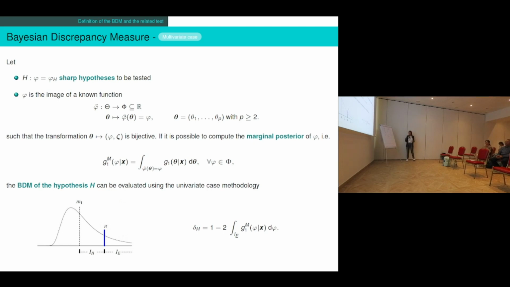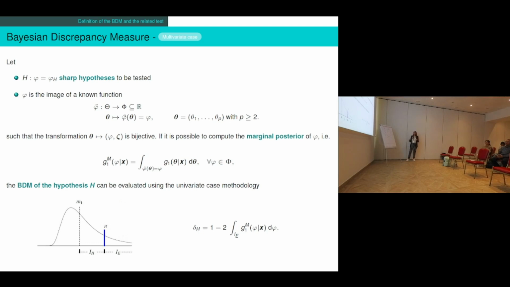So we have to consider a hypothesis phi equal to phi h, where phi is the image of a function phi tilde, such that the transformation that goes from the starting parameter theta to phi zeta is bijective. Basically phi is the parameter of interest, since we want to test that, while zeta is the noise parameter. So we are going from theta to phi zeta.